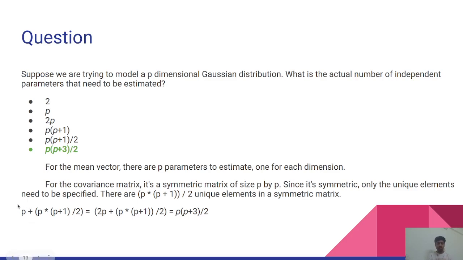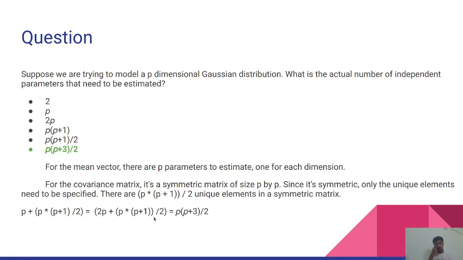So p is for the mean vector and p into p plus 1 divided by 2 is for the covariance matrix. So if we add them, 2 is in the denominator, so if we just multiply that, 2p plus p into p plus 1, and everything divided by 2, right here.